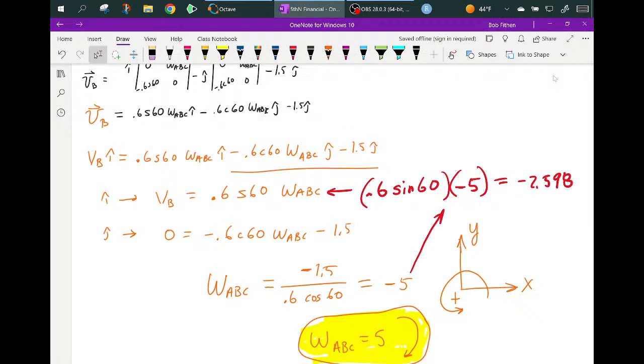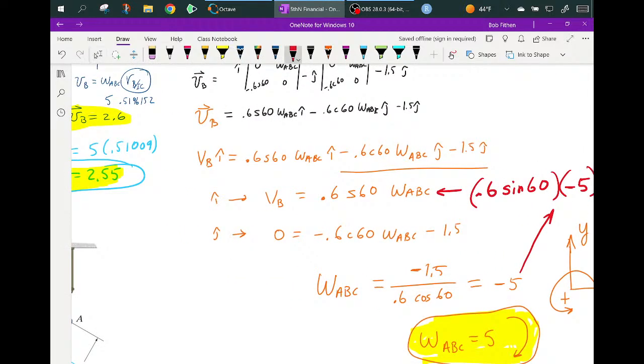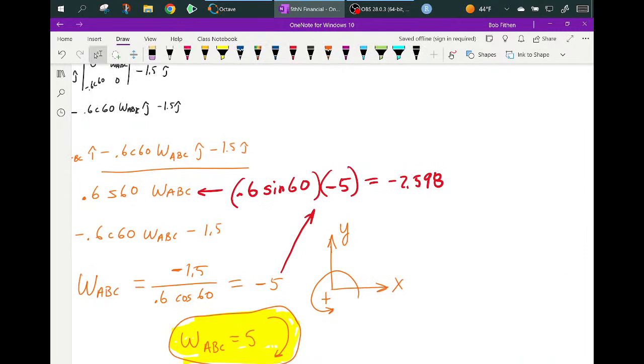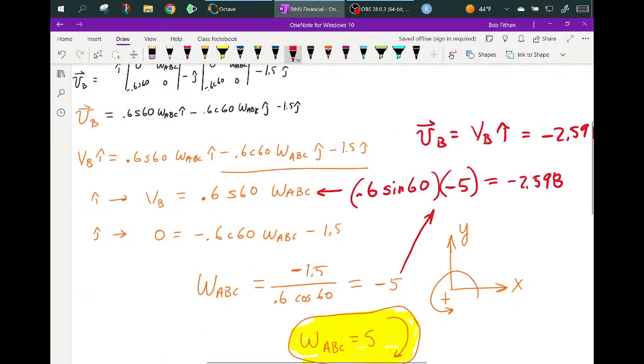Now, I assumed it like this, so therefore velocity of B, I assumed it to be this. Therefore, it's equal to minus 2.598 i, meaning it actually is going to the left instead of the right.